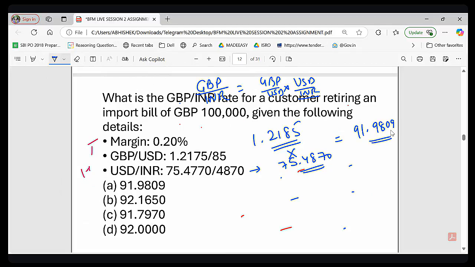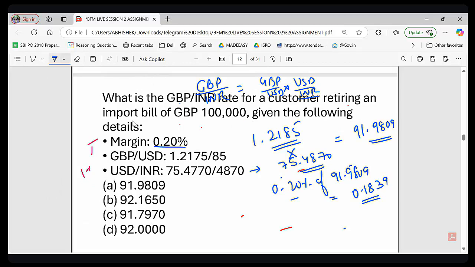Interbank, when one bank sends money to another bank, this is the rate we will use. But here you have to apply the margin, which is given as 0.20%. So you have to calculate 0.20 percentage of 91.9809. This will give you 0.1839, right?